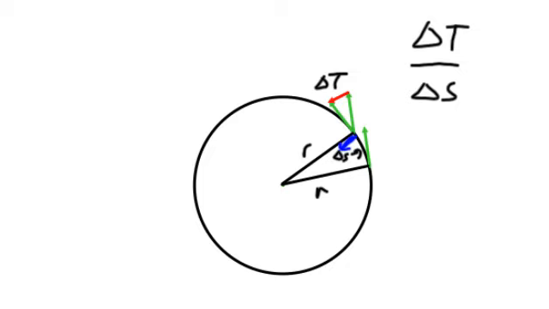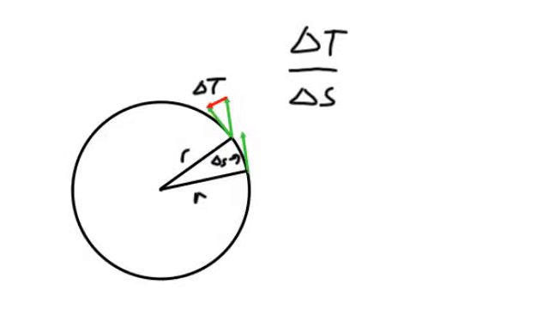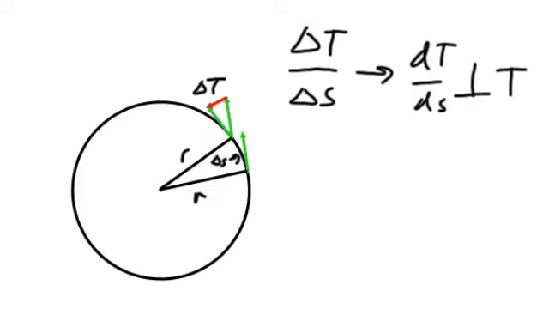So we can see that as my points get closer and closer together, this vector delta t is going to point in towards the center of the circle. Thus, delta t, in the limit, we get dT/ds, and that's going to be perpendicular to t.